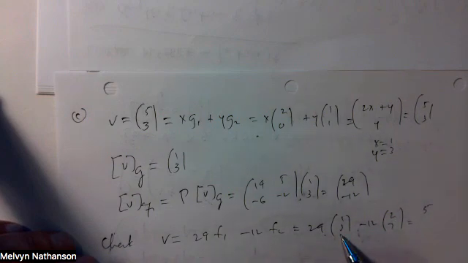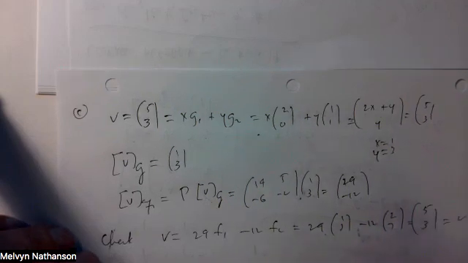This is 3 times 29, 87, minus 7 times 12 is 84. 87 minus 84 is 3. So that is equal to V. So this checks.